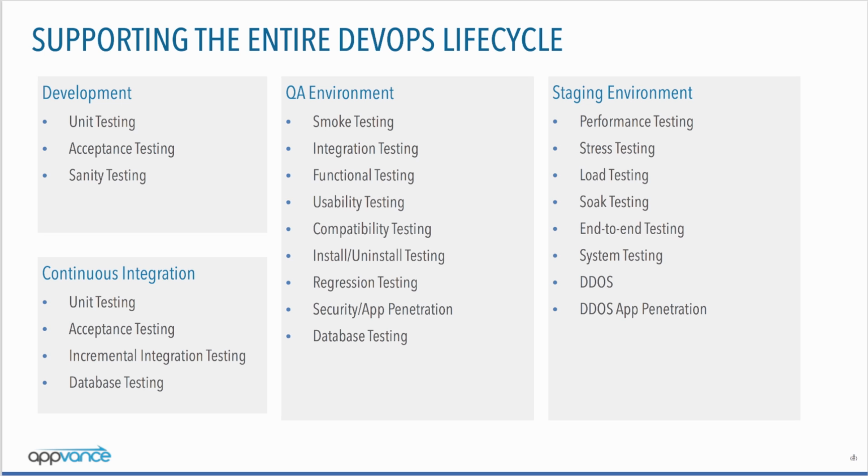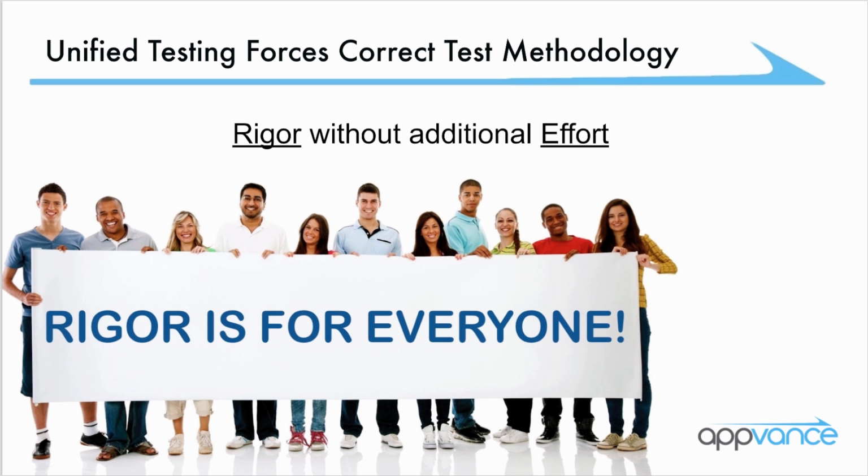And this platform can support the entire DevOps life cycle from development through QA environment and staging environments. And what that kind of unified test does for you is it creates rigor throughout the organization without additional effort. Meaning, just today we'll see repurposing of Selenium scripts that you may have already written and used for your functional or regression tests, and reuse those for performance.